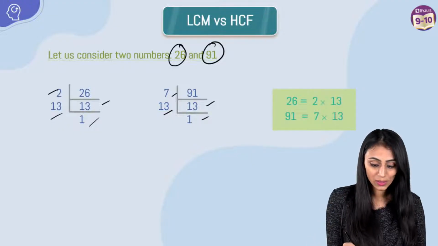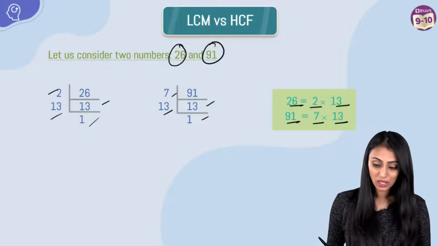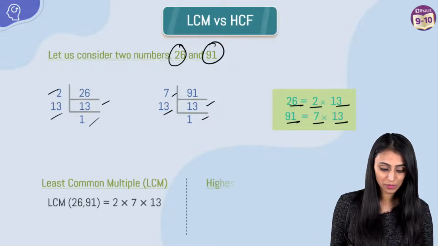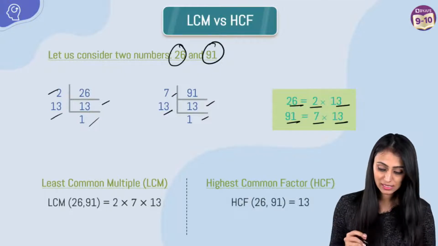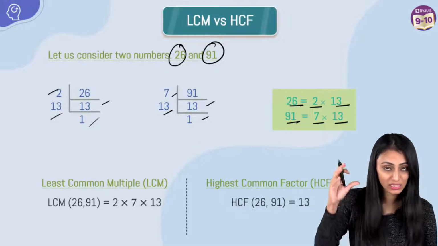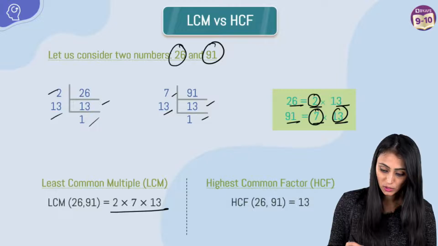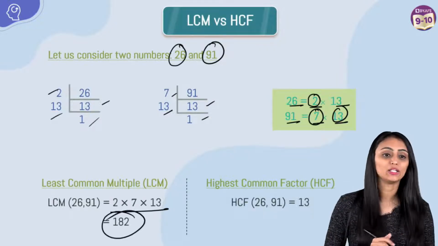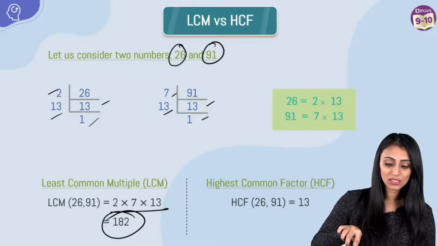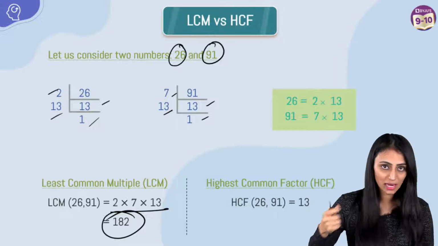So 26 could be written as 2 times 13, and 91 could be written as 7 times 13. If I have to find out the LCM, which is the least common multiple of these two numbers, what would I do? For LCM, we simply write down all the different numbers that both of these have. They have different numbers 2, 7 and 13. So that's going to be your LCM, which is equal to 182. When finding LCM using the prime factorization method, we just write down the different numbers that we have.